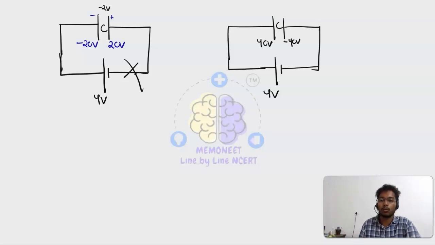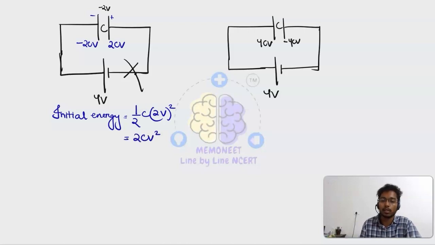So what will be the energy on both the capacitors? Let's find out. We know that energy is equal to half CV square. So the initial energy is half C, and the potential on the capacitor is 2 volt, so 2V square, so the initial energy is 2CV square.